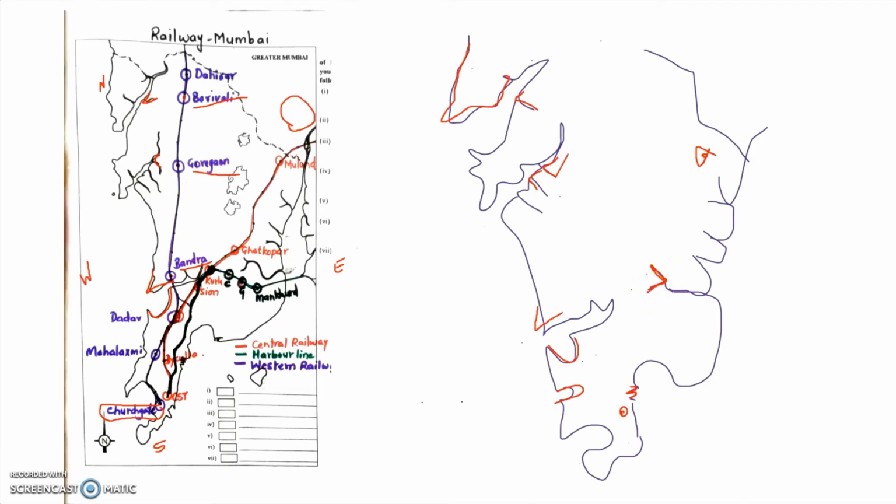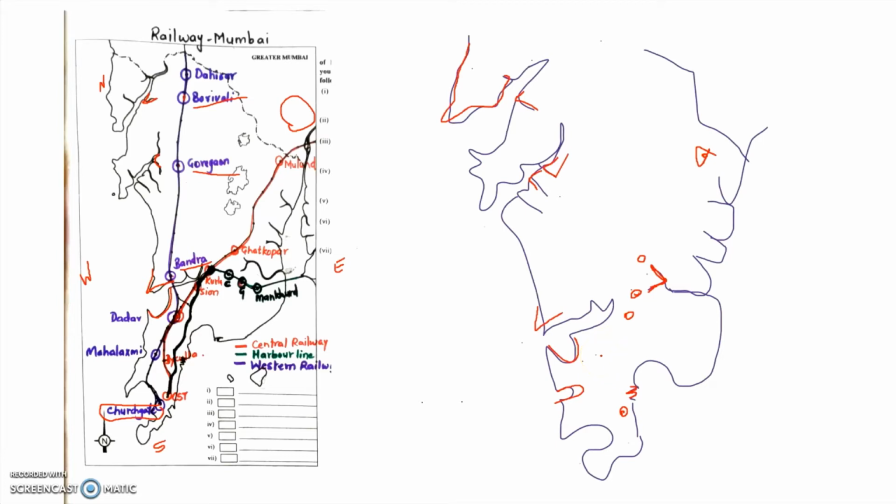This is a V shape on your right hand side, east side. So on the upper side of that V shape you will get Ghatkopar. On the lower side of that V shape you will get Kurla. Exactly below Kurla you will see Sion.